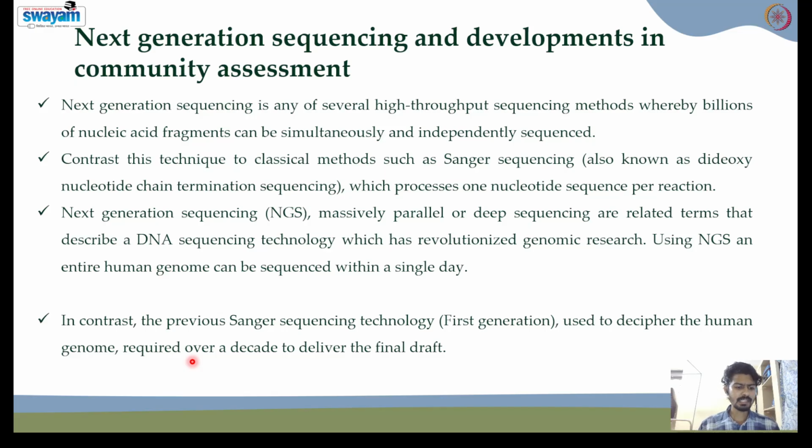So, as earlier, scientists were trying to clone them individually, and this causes loss of time and also money. So that's where next generation sequencing has come into play, and this next generation sequencing is high throughput sequencing where at a time you can analyze billions of nucleic acid fragments, simultaneously as well as independently.